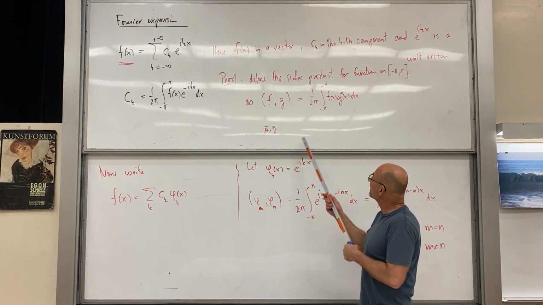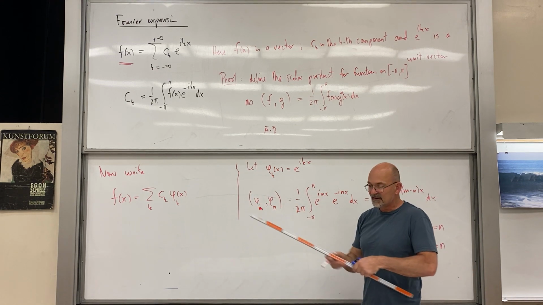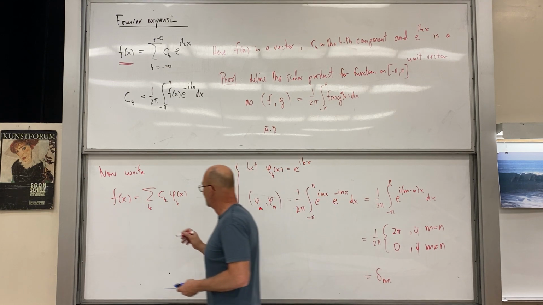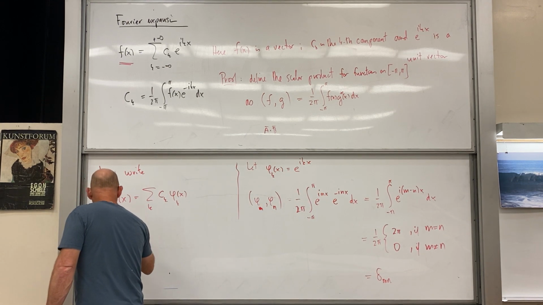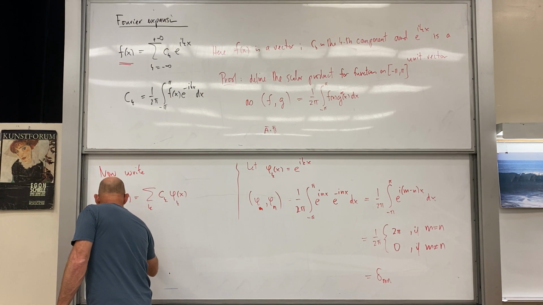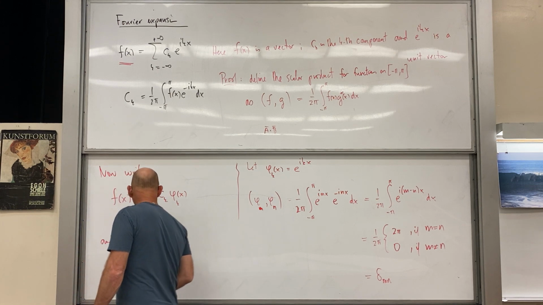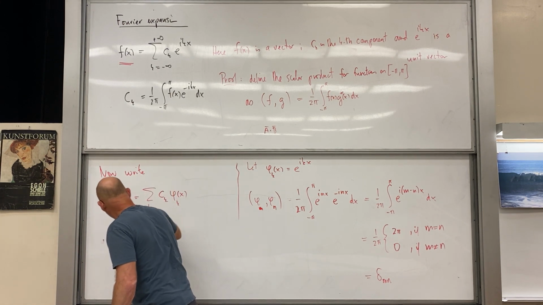And phi sub k of x is just e to the I kx. So I've just written down that Fourier series. And that c sub k, well, we have to pull one out, so c sub n is equal to, let's just do this first, okay?